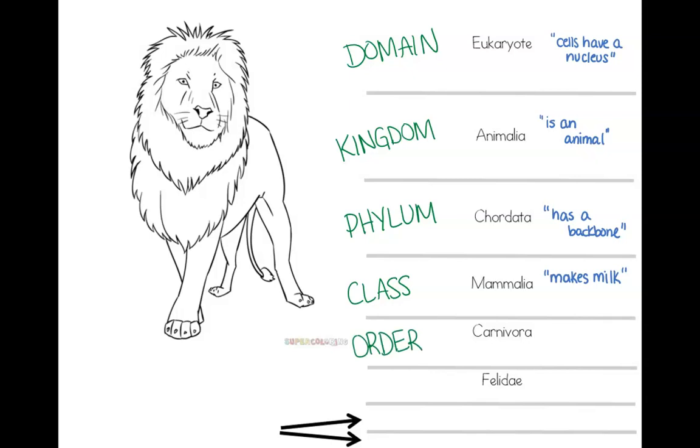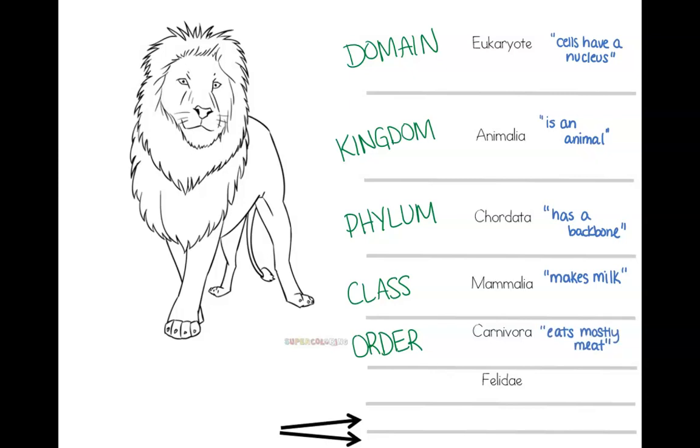The next level of classification for living things is called the order, and for a lion, it is considered Carnivora. That is its order name, and you'll probably recognize that as being similar to carnivore, which means that they eat mostly meat, if not all meat.